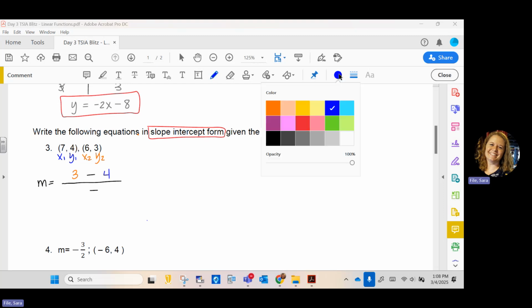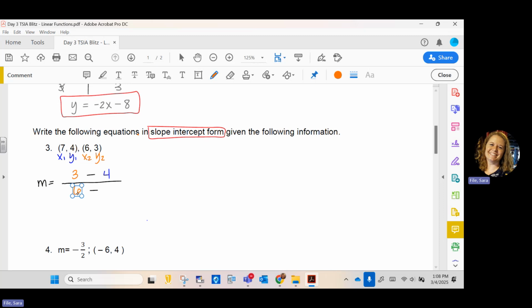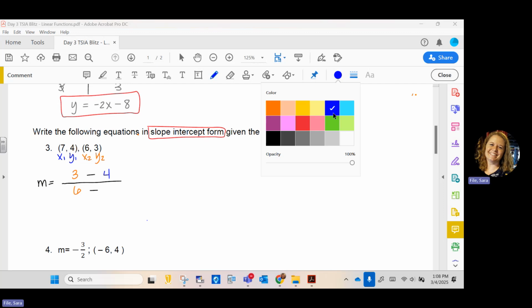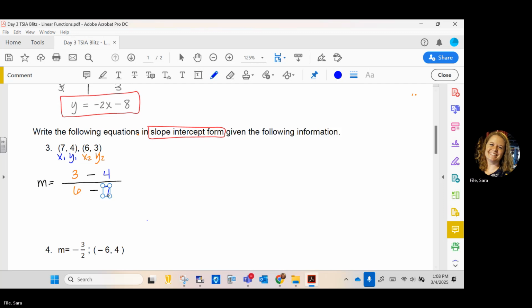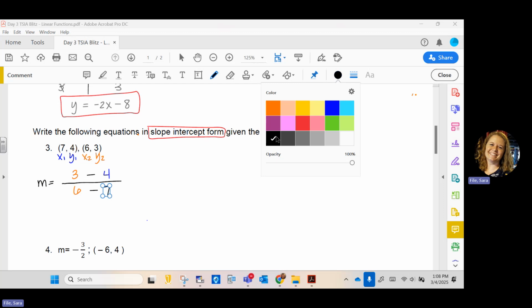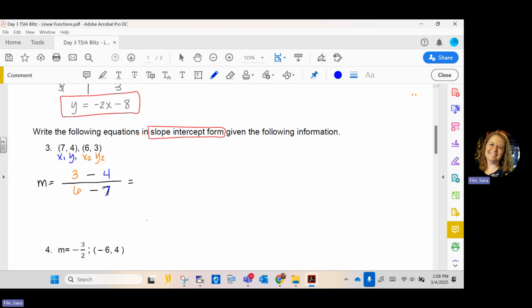And then it's X2 minus X1. So when I calculate here in the numerator, it keeps changing colors on me.